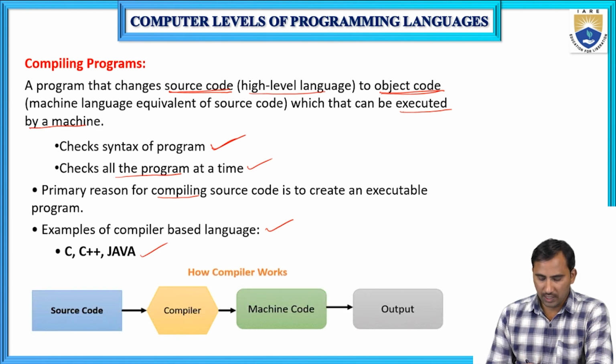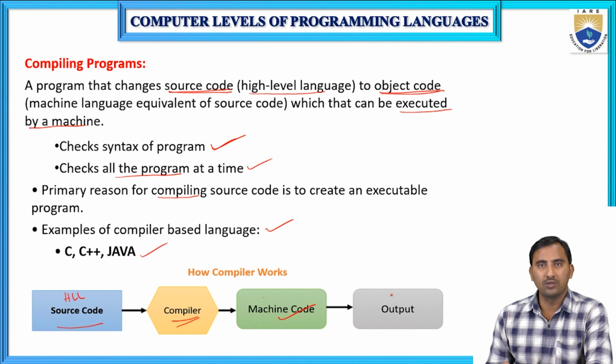Here you can see the compiler. The input to the compiler is the source code, that is, the high level language. It should be converted into machine understandable code. Then we give that machine understandable code to the processor, which can understand it and perform that particular action.